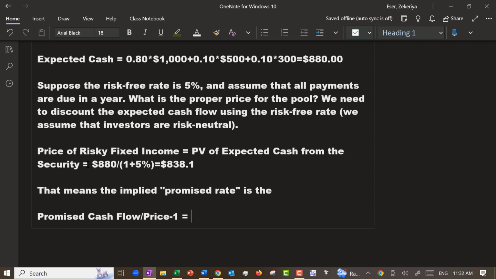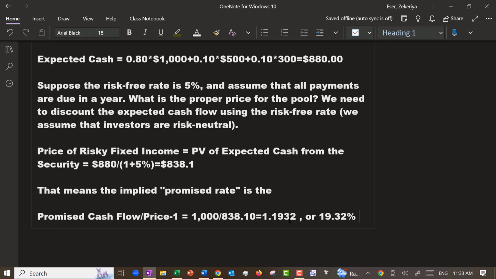I mean, we are promised $1,000, but we're only paying $838.10 for that, minus 1. Let me do this without the dollar sign, so it should give me more digits. Or 19.32%. All right.